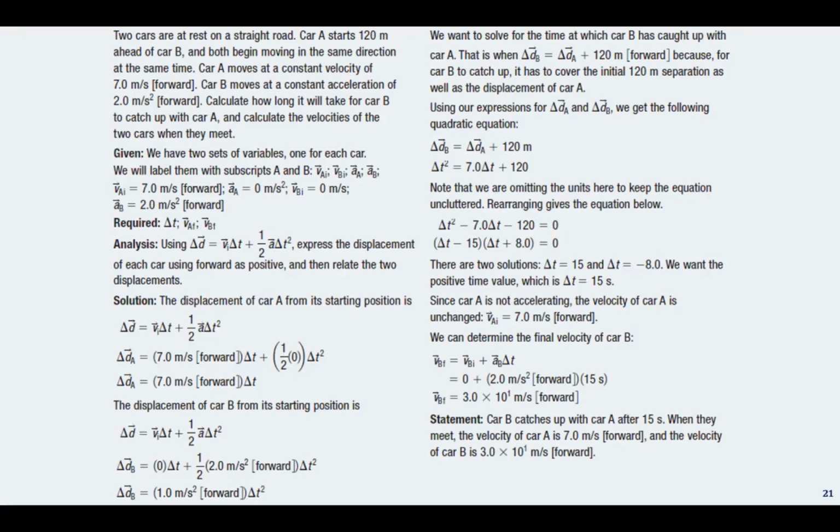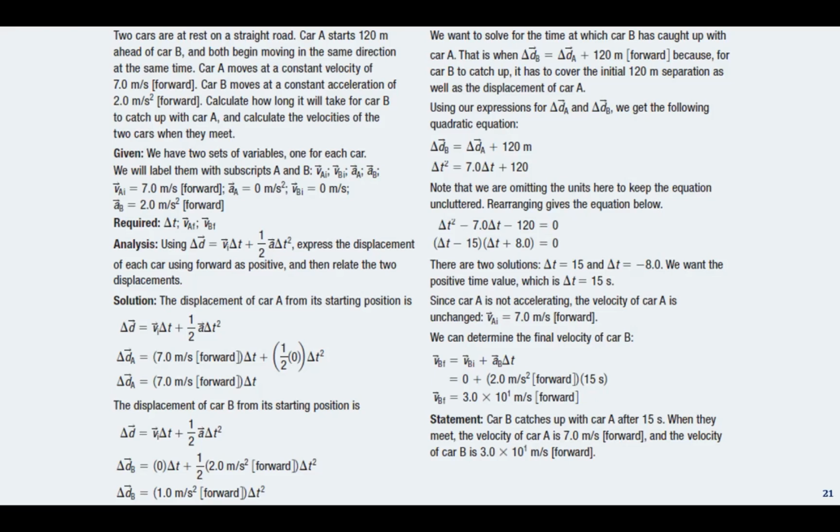So VAI is 7.0 meters per second. Direction is move forward. Acceleration A is 0 because car A moves at constant speed, a constant velocity. So acceleration is 0. Initial velocity of car B is VBI equals 0. And acceleration of car B is 2 meters per second squared. Direction is also forward.